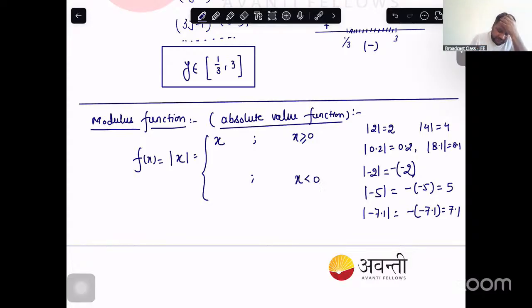So if x is less than 0, it is going to be minus x. Have a look quickly. Understood? Got it? Yes, sir.